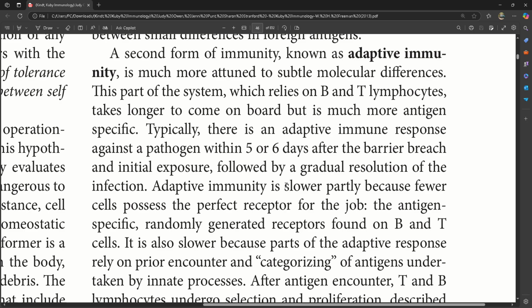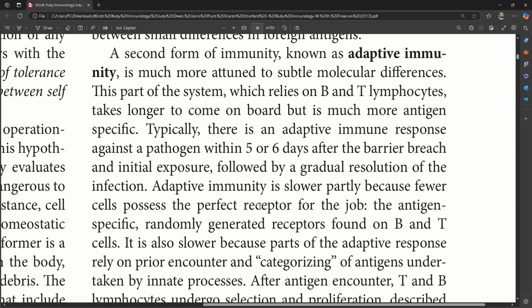But initially, it will take time to develop. But when it is developed, then it will not take so much time to respond. Initially, it will take 5 to 6 days after the barrier breach and initial exposure, followed by a gradual resolution of the infection, so that here the clonal selection will take place.